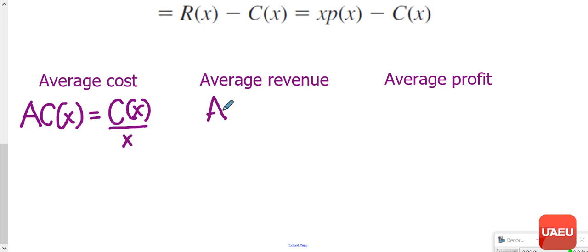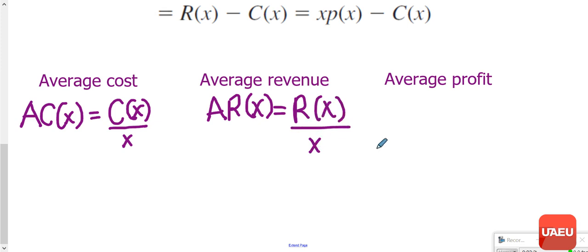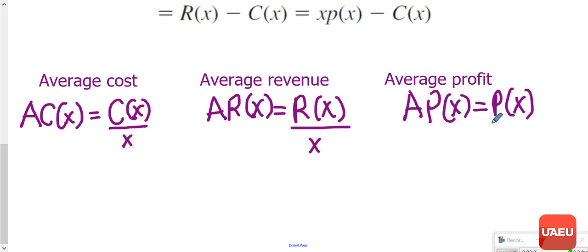The average revenue is total revenue of making and selling x units divided by the total number of units x, while average profit is total profit of making and selling x units as well, divided by the total number of units. In some instances, we'll have to do these particular exercises.